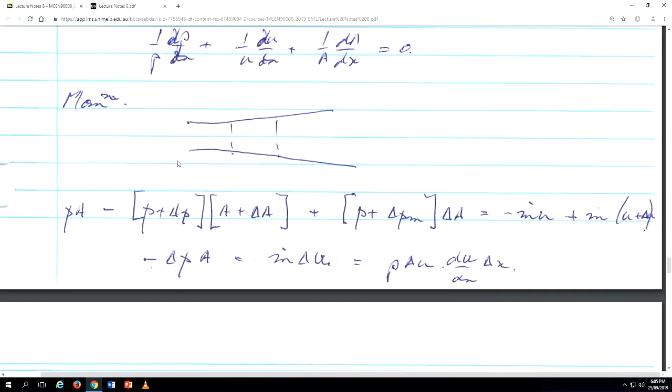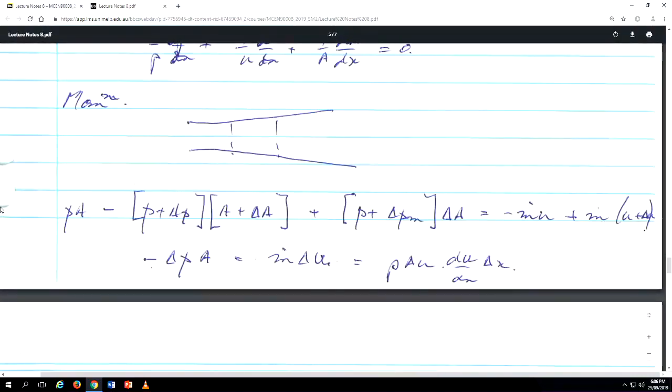And the right-hand side will be m dot times u plus delta u. The leading order term will be m dot, which is rho A u, times delta u, which is simply du/dx delta x. So that's my equation for this little volume. And you absolutely need to understand where that came from, because we're going to work with it now.